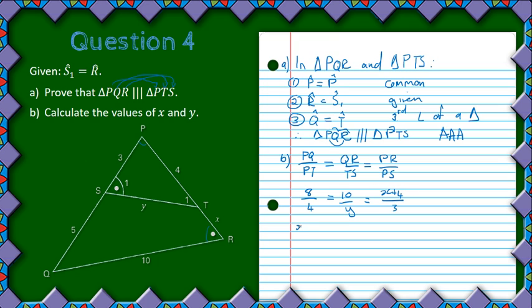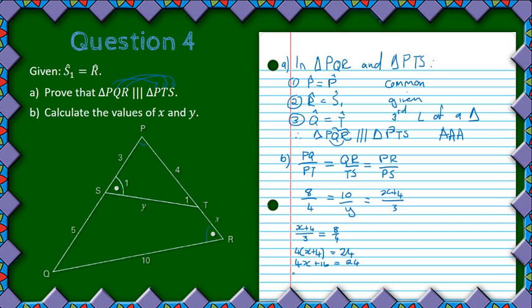Okay, right, let's start with the x value. So we have that x plus 4 over 3 is equal to 8 over 4. Start with cross multiplication. So 4 times x plus 4 is equal to 3 times 8, which is 24. Multiply out the brackets. That's 4x plus 16 equals 24.